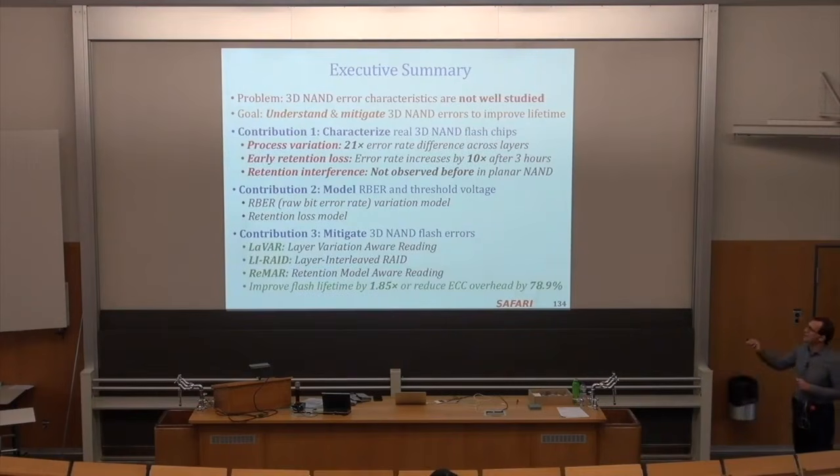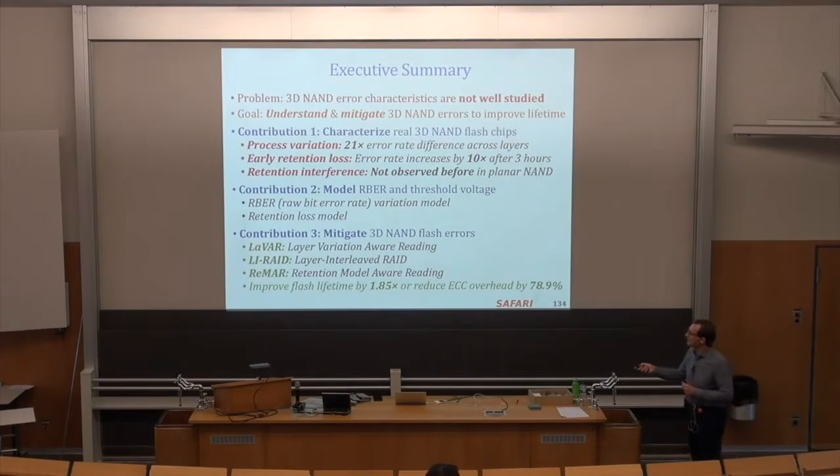And also, how do you mitigate 3D NAND flash errors after that? If you know that process variation is a problem, why don't you pick different read reference voltages for different layers? If your layers have different threshold voltage distributions, it makes sense to have different read reference voltages for different layers. That's the idea here.